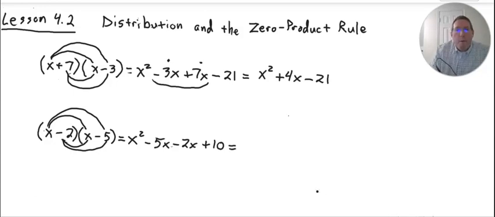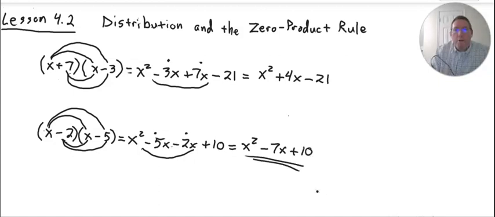Okay. Now, all we got to do is combine the negative 5x and the negative 2x, and we're done. So we've got x squared, then negative 5 minus 2 is negative 7, minus 7x, and then we've got a plus 10. And there we go, we're done. That's our distribution. And what this means is that this is equal to this thing over here. They're the exact same thing, okay?